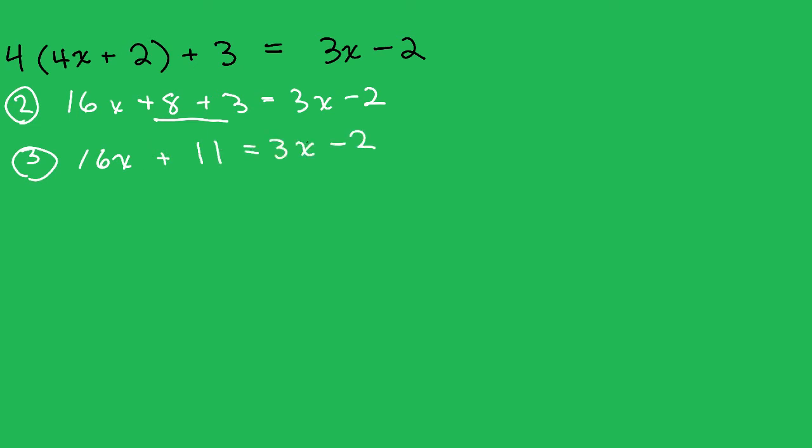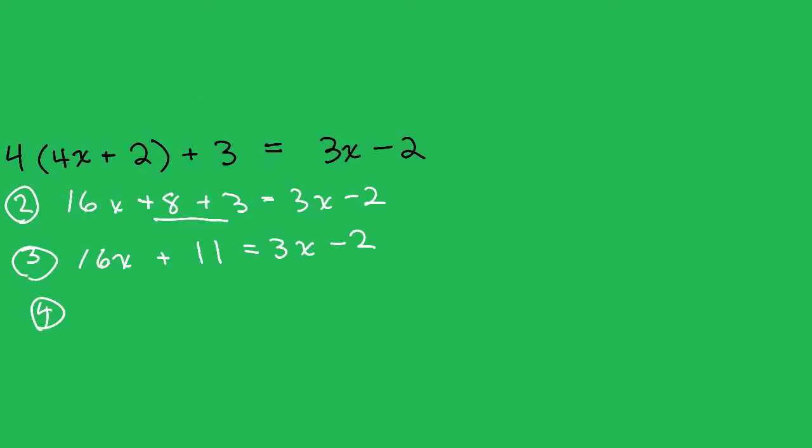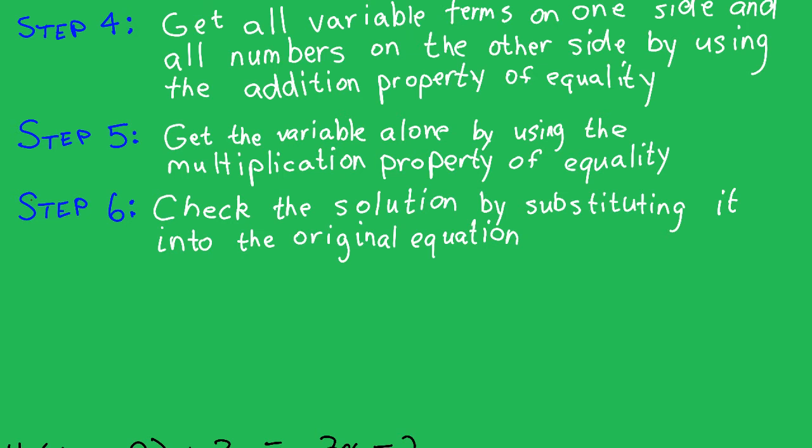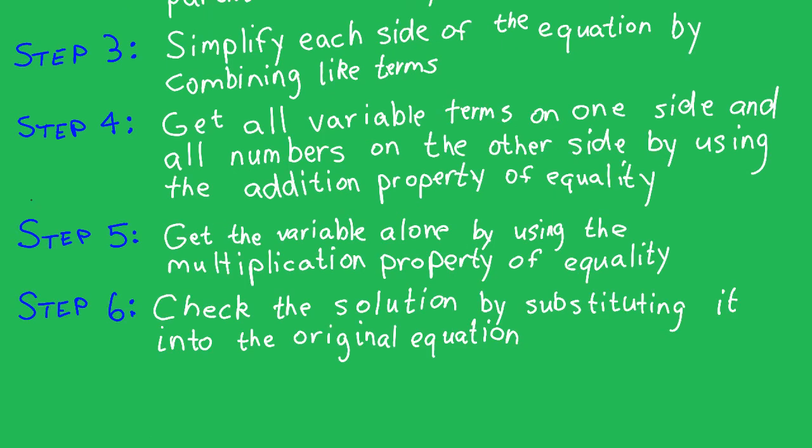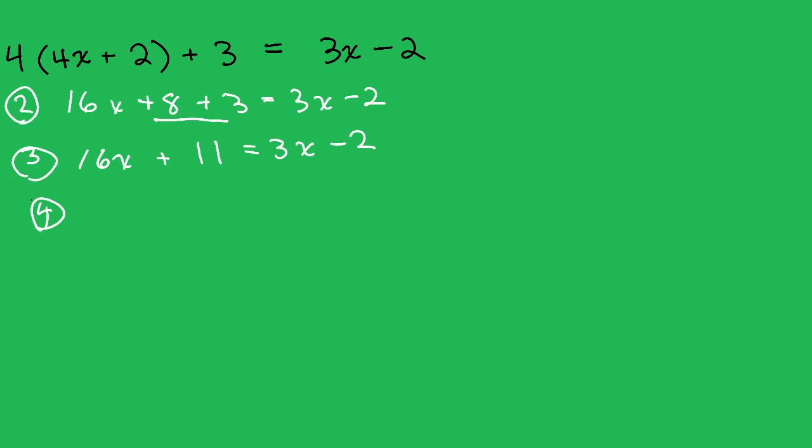And so now we've got everything simplified here, so we can move on to step 4, which is to get all variable terms on one side and all numbers on the other side using the addition property. So I usually like to try to add or subtract to get it so there's a positive term on one side instead of having a negative term on the other side. So that means it'd be best if we subtract 3x from both sides. So that's what we'll do.